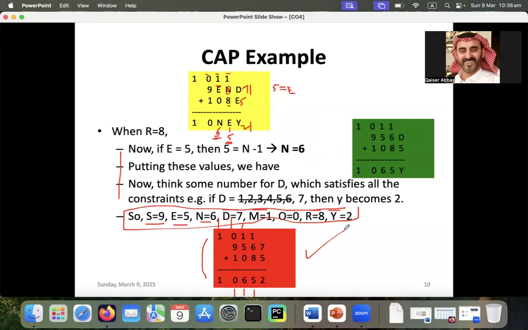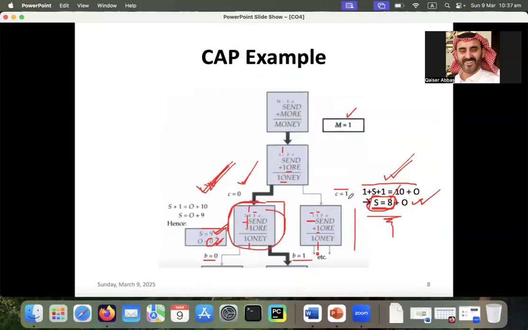Sometimes it is possible, because you saw here that if we go up to this point in this tree, then maybe we are assuming S is equal to 8. So here we are changing. This was one branch.